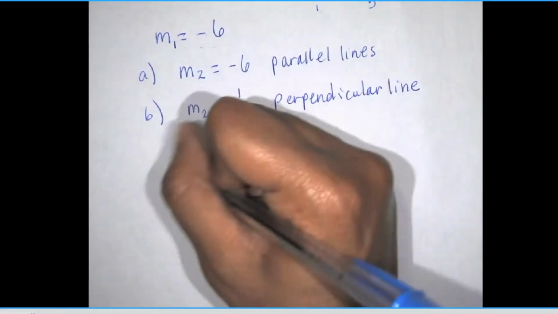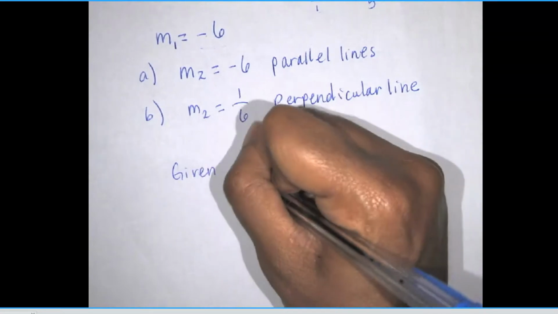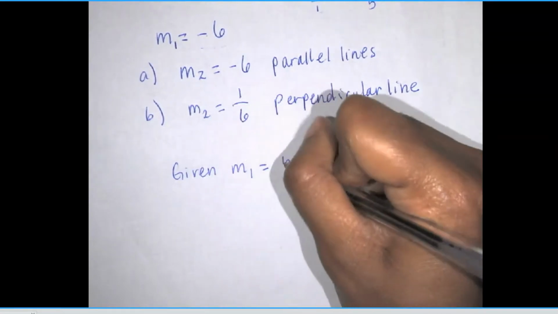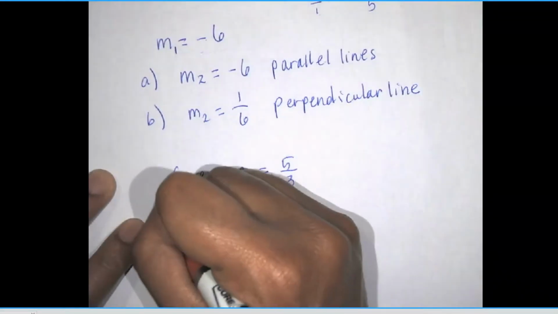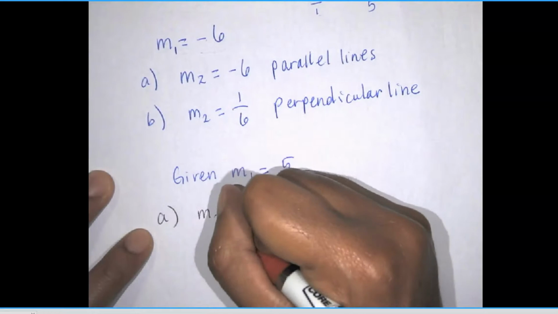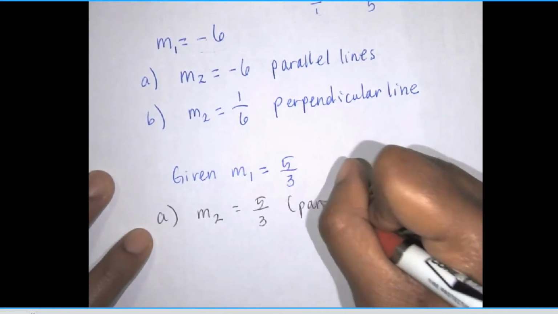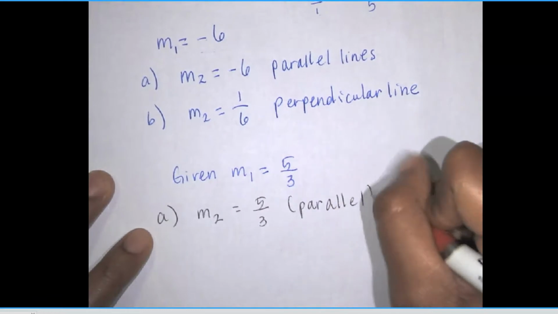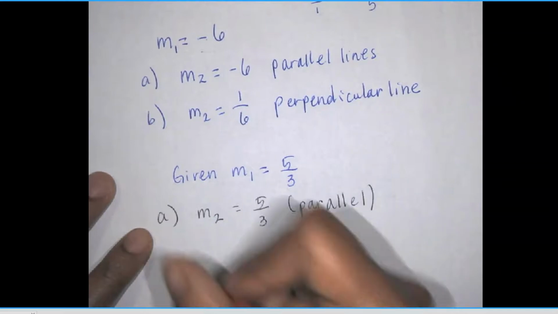Okay? All right, so let's do another one. What if they gave me, so we'll say given m1 equals 5 over 3. And again, for part A, they want the parallel to that. So the slope of the second line, m2, is the same thing for them to be parallel. So the slope of the second line is the same, 5 over 3, because they're parallel.